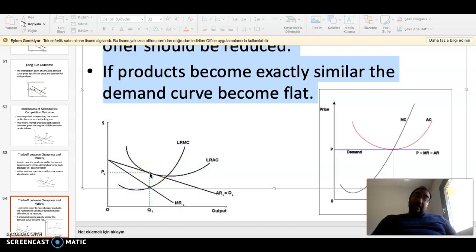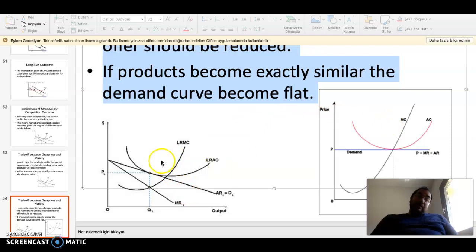But if variety is not important to us, for example if the differences between healthcare services are not important, when you need a heart operation the important thing is being able to access it as cheaply as possible, not the color of the hospital. In that case, you might rather move in this direction.